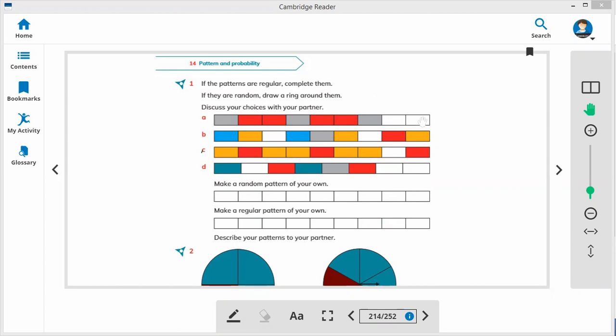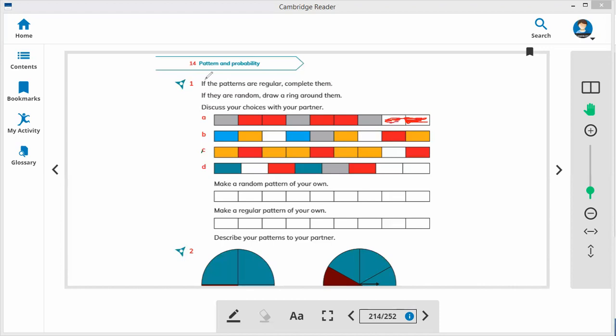So here, which color of rectangle will come? Red. So you can use your red color pencils and color in these two boxes to complete your first pattern. Okay, choose like this. You can choose red color and color in these two rectangles to complete your pattern.